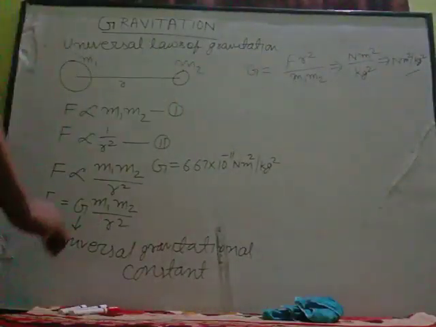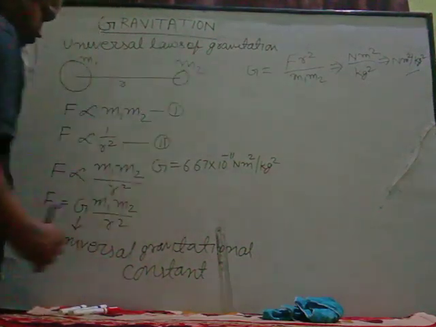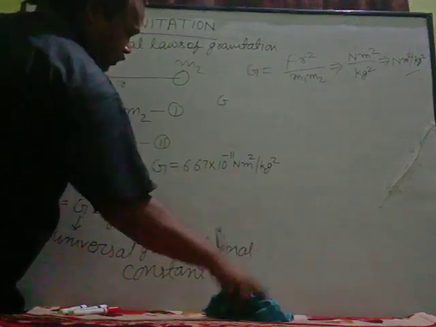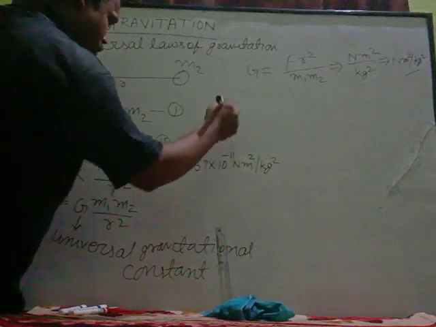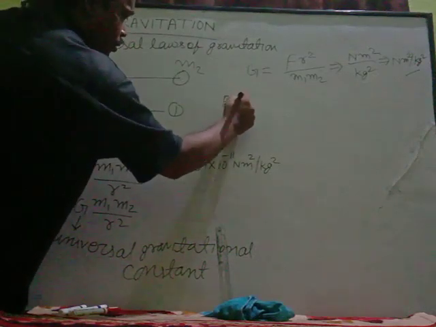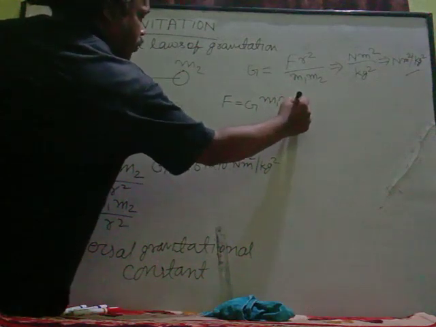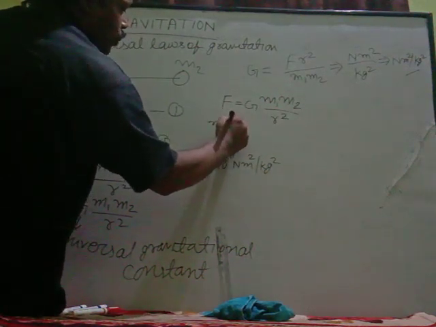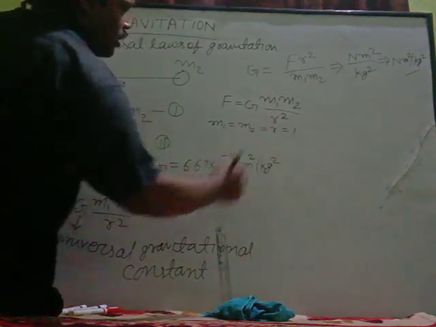Now what is the definition of capital G? Suppose we have F is equal to G m1 m2 by r square. Suppose m1 is equal to m2 is equal to r is equal to 1 unit.